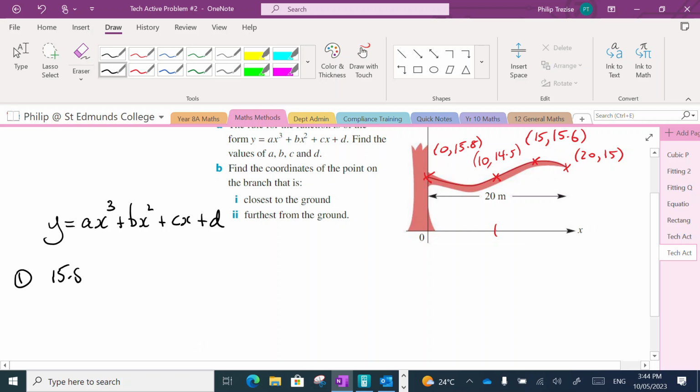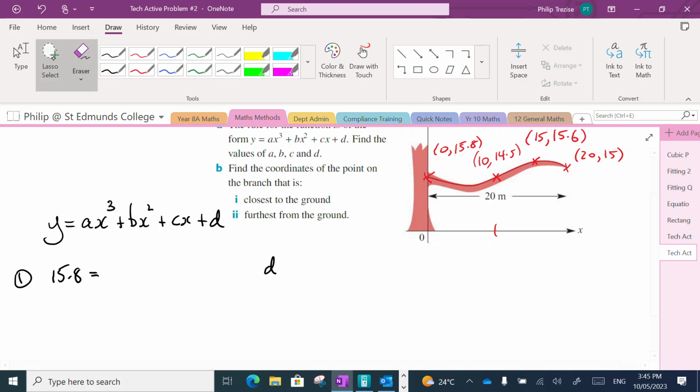So 15.8 is the y value. Now, this would be a multiplied by 0. That's, of course, nothing. And it would be b multiplied by 0, and also c multiplied by 0, and then plus d. That simplifies very nicely because all of those pieces really aren't there.